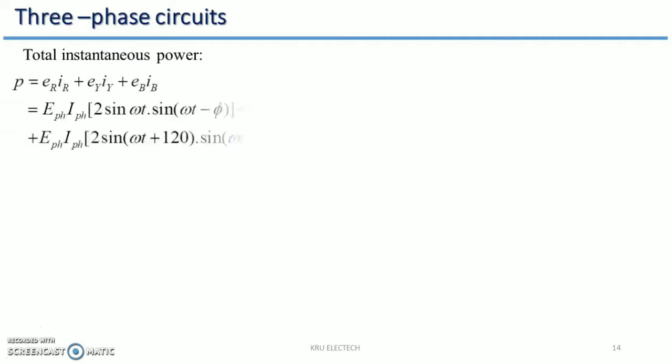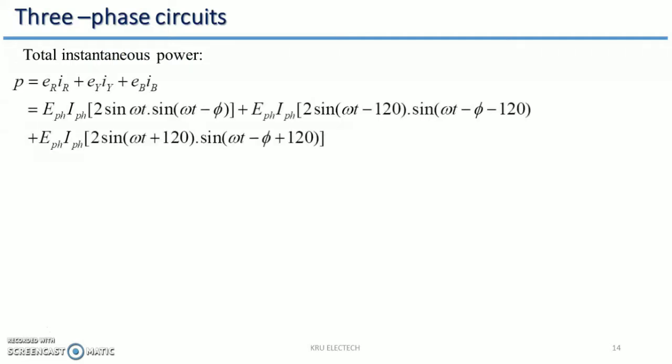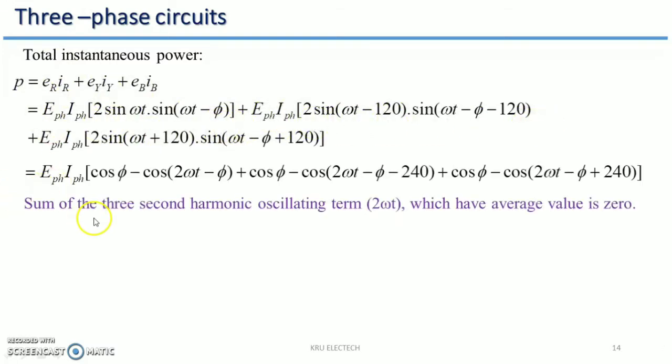So what is the total instantaneous power? P equal to the voltage of that phase and the current through that phase. So the mathematical form is there. If you expand and simplify the resultant, you can find it like this. The sum of these three second harmonic terms, cos 2 omega t, has an average value of 0, since the whole-cycle integration of these three is 0.